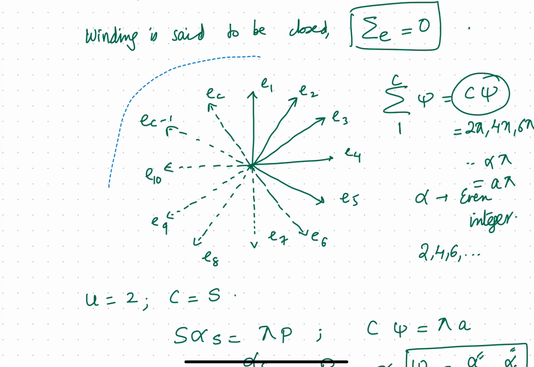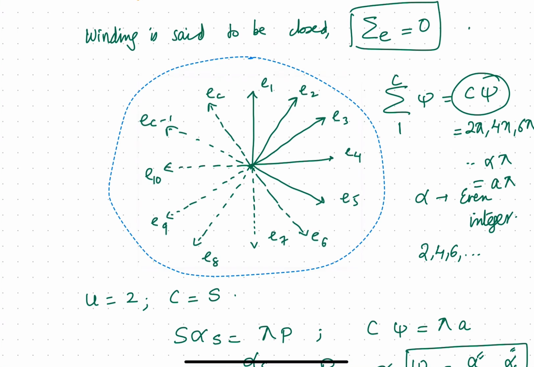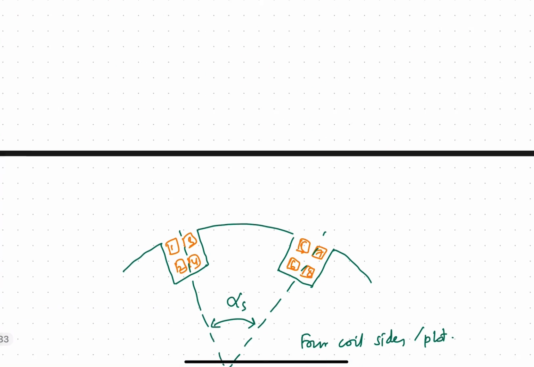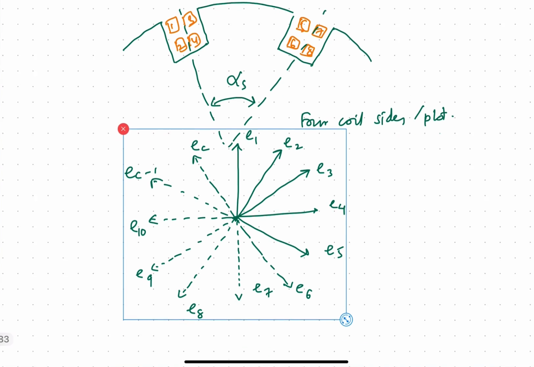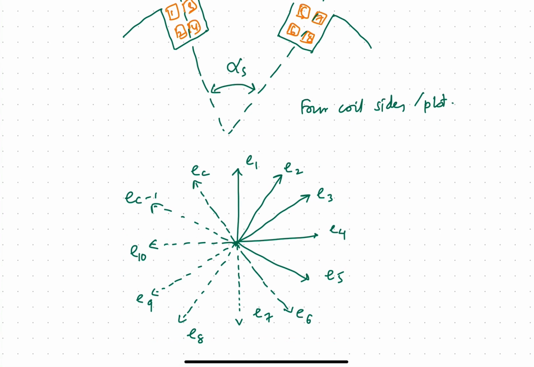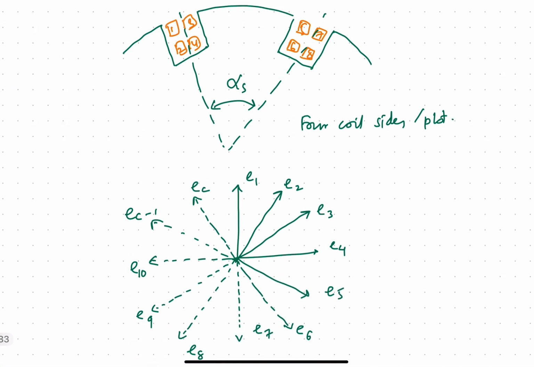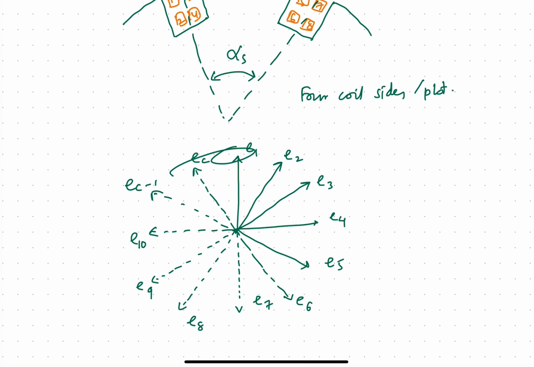You see coil side 1, E1, E2, so sorry, this is not related to the 4.